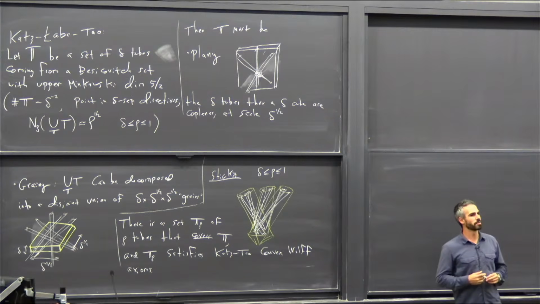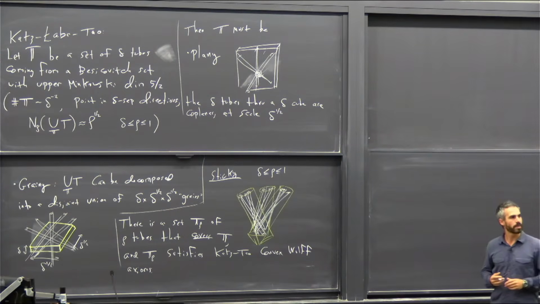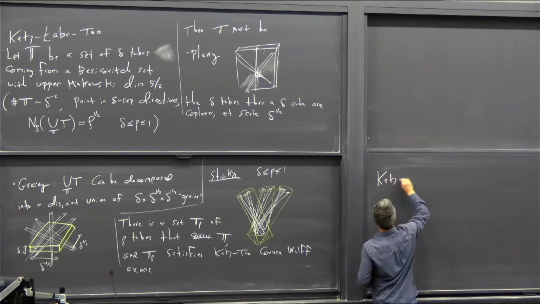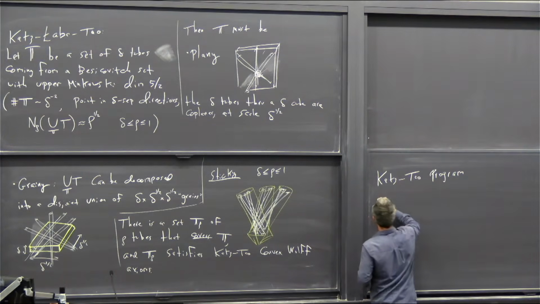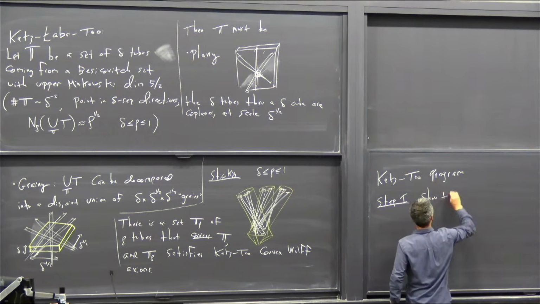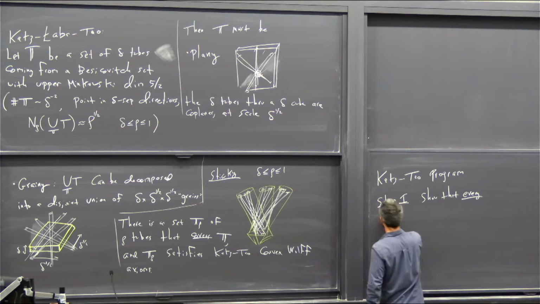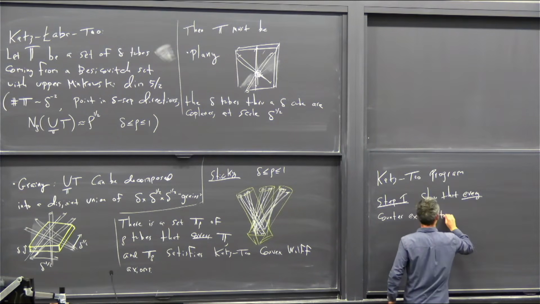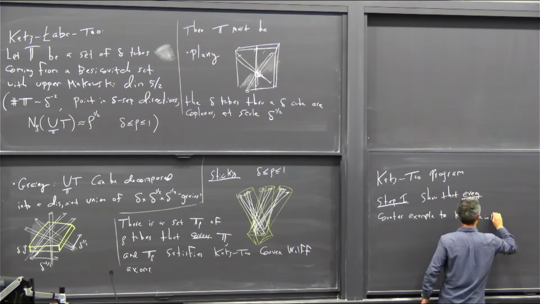And he also wrote a blog post in which he outlined what you could call the Katz-Tao program for solving the Kakeya conjecture in R3. And I want to briefly say what that is. So step 1 is show that every counterexample to Kakeya in R3.